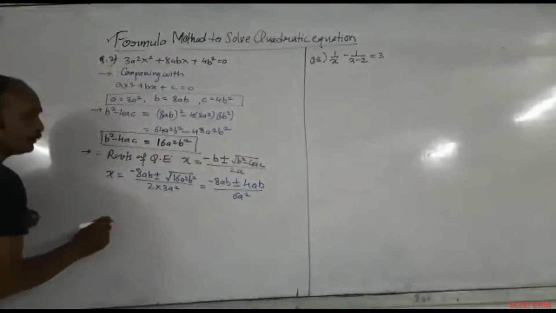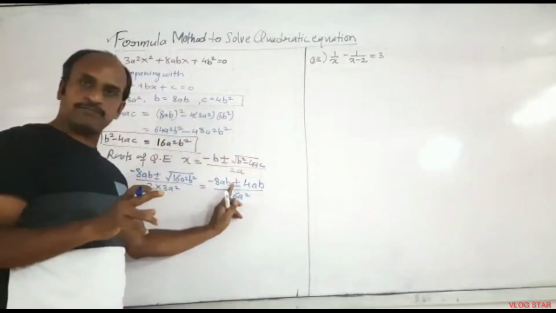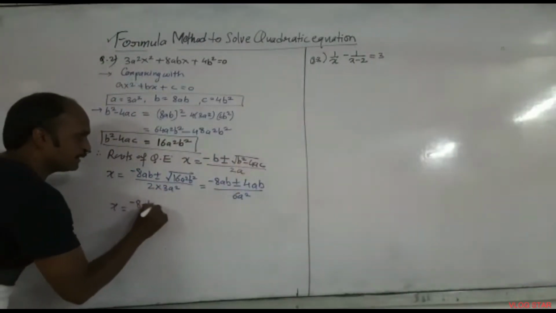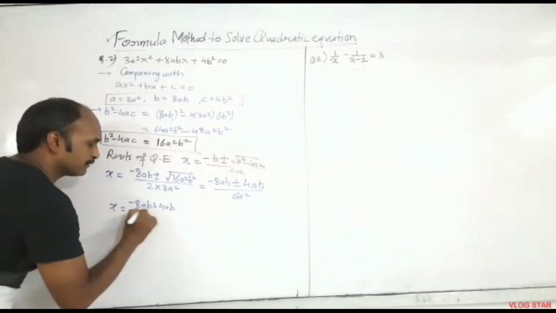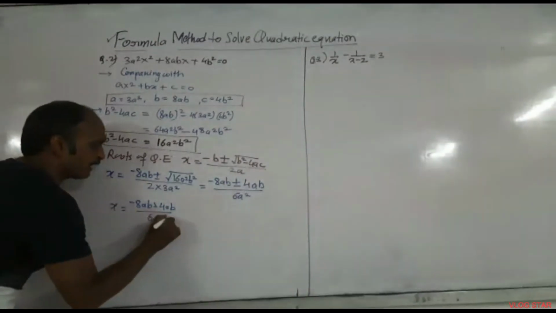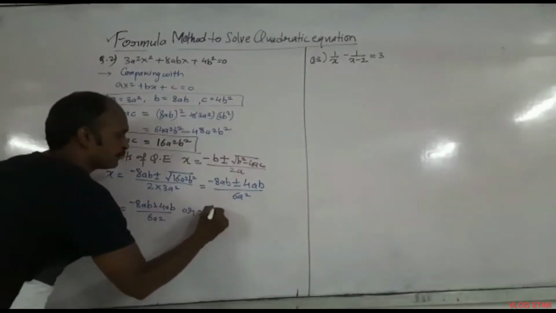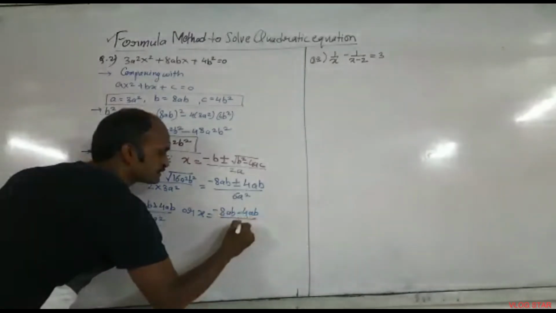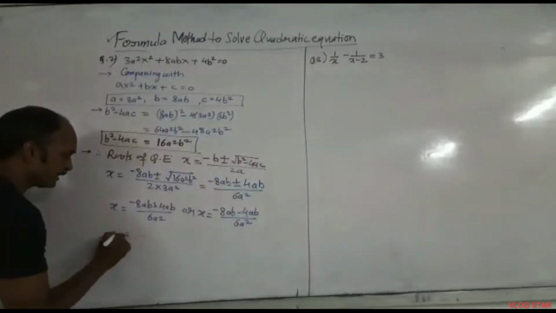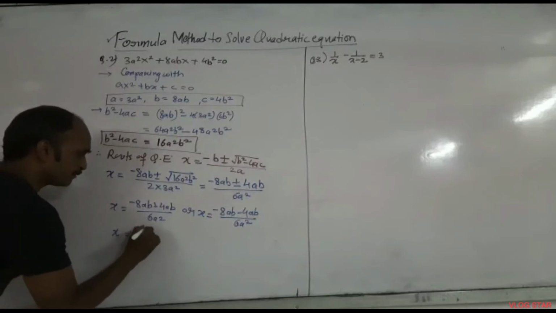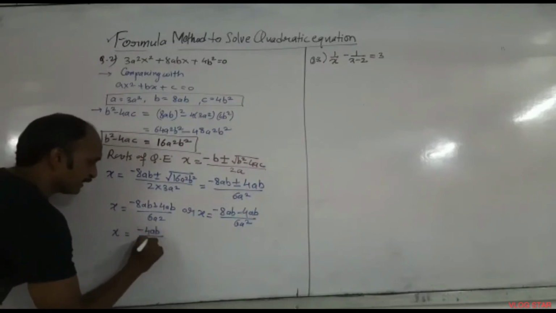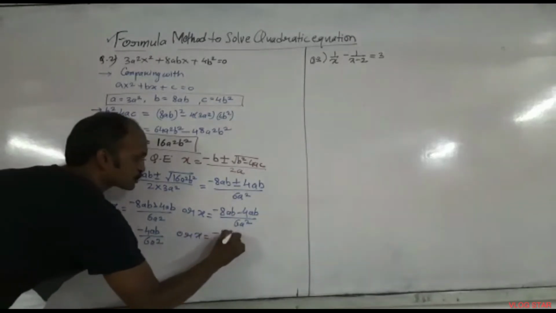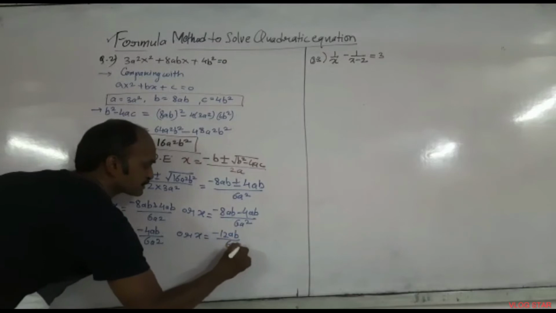Now we can have two values from here. One is of plus, other is of minus. So x can be (−8ab + 4ab) upon 6a², or x can be (−8ab − 4ab) upon 6a². So here you will get x can be −4ab upon 6a², or your x can be −12ab upon 6a².